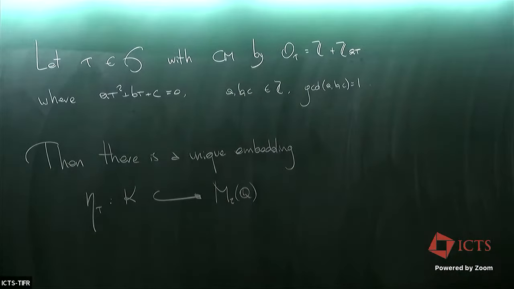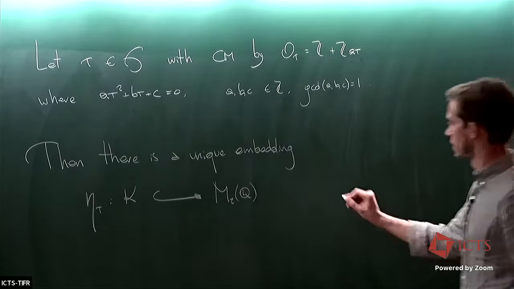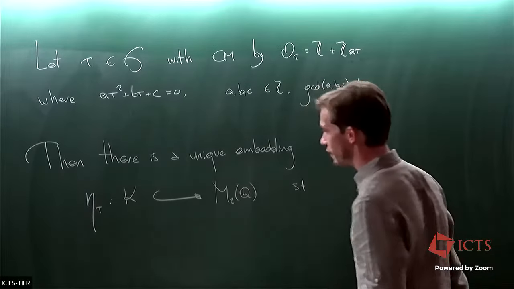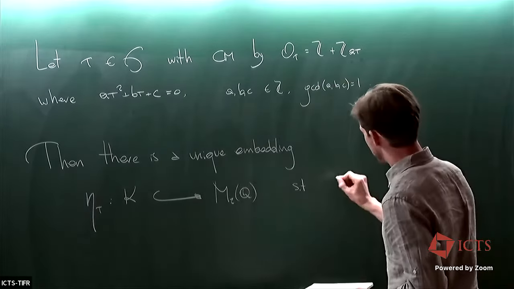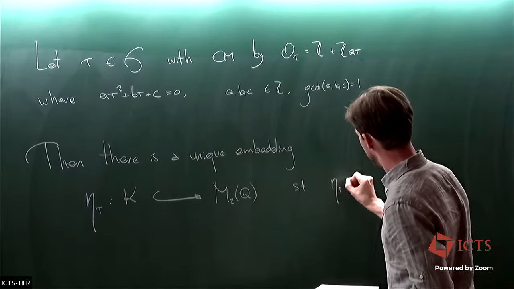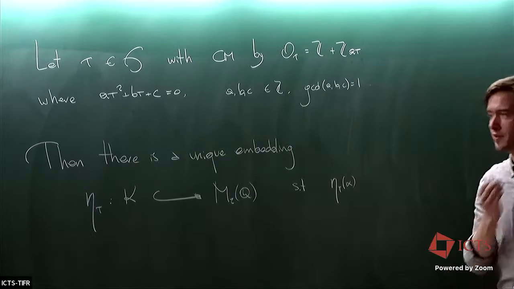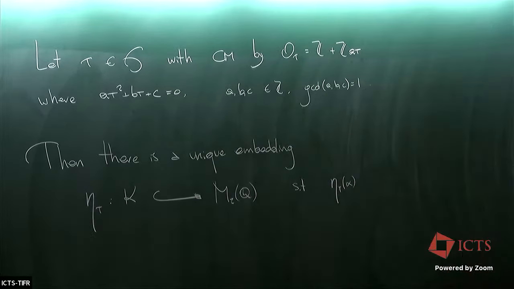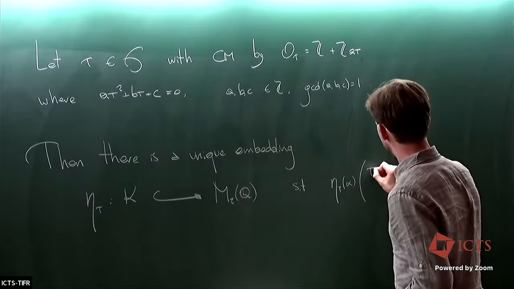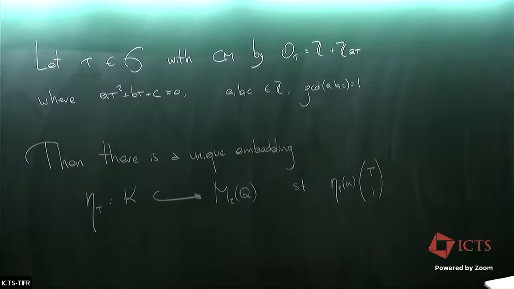And this embedding is uniquely characterized by the fact that if I take eta tau and evaluate it on some element alpha in K, I get a matrix, and I multiply this matrix by the column vector (tau, 1).